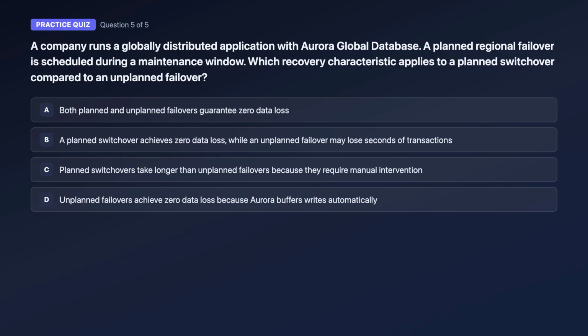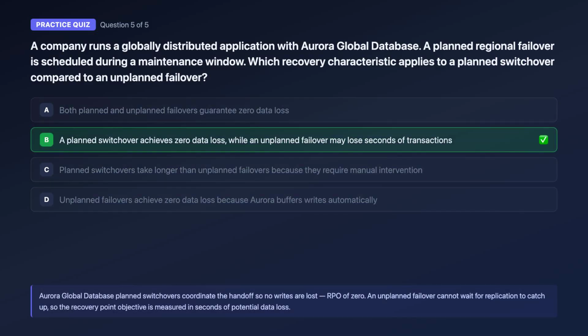B. A planned switchover achieves zero data loss, while an unplanned failover may lose seconds of transactions. C. Planned switchovers take longer than unplanned failovers because they require manual intervention. Or D. Unplanned failovers achieve zero data loss because Aurora buffers writes automatically. Run the decision rule from earlier before you answer.